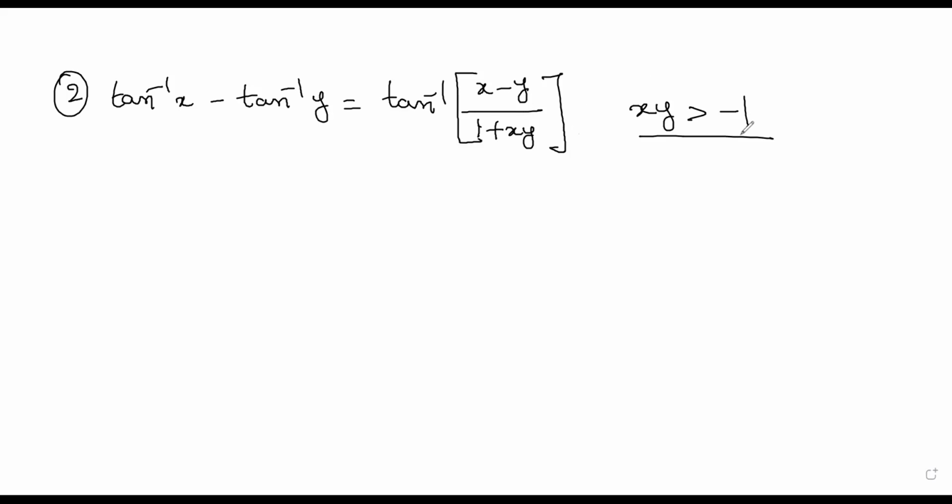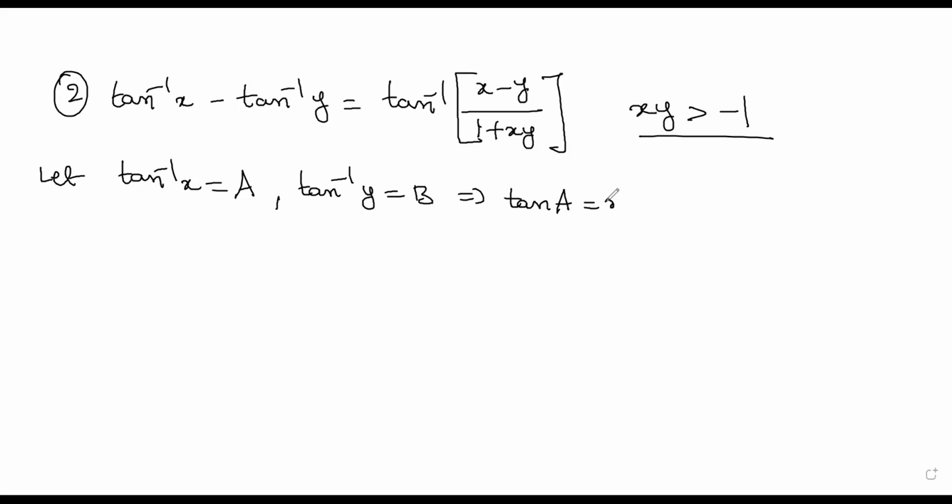To prove that, we'll write, the same way, let tan inverse x is A and tan inverse y is B. So you have tan A is equal to x and tan B is equal to y.